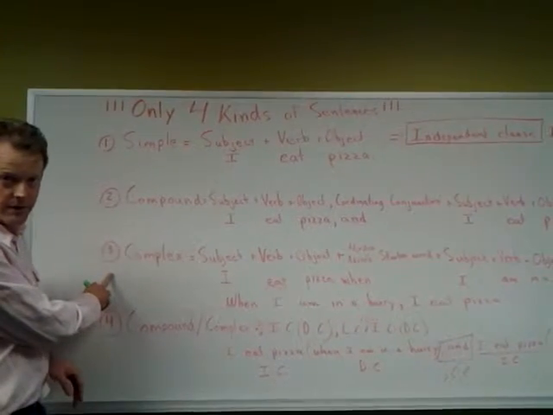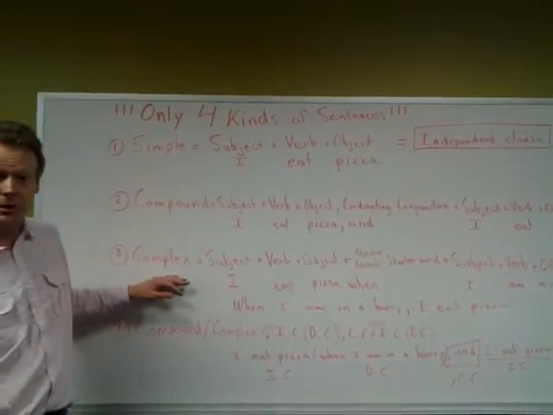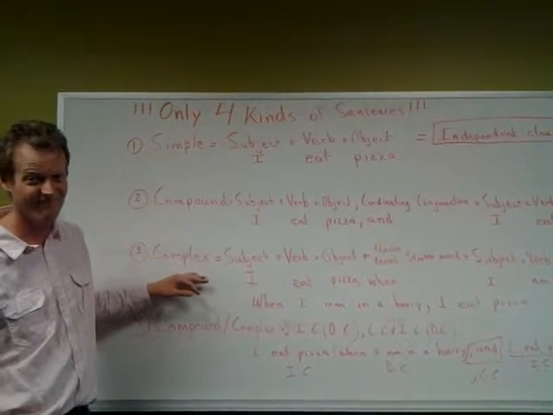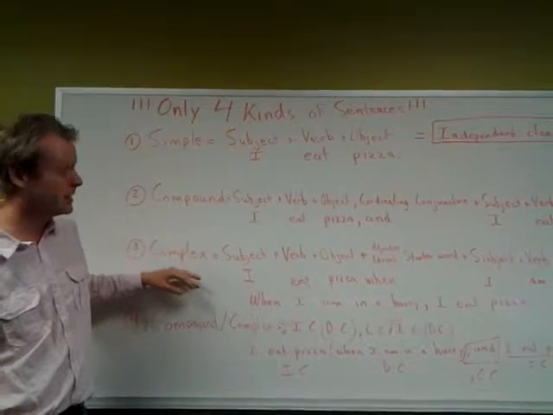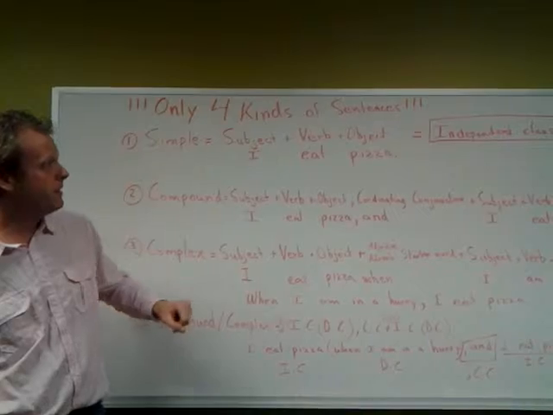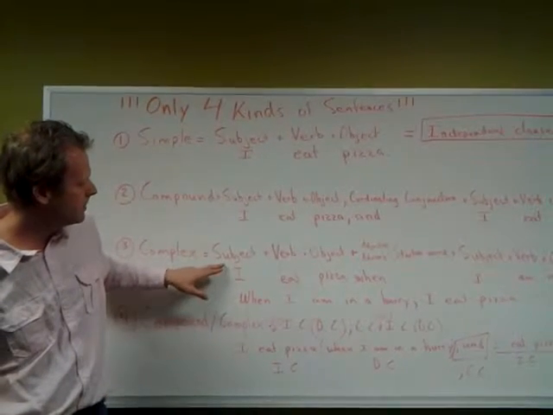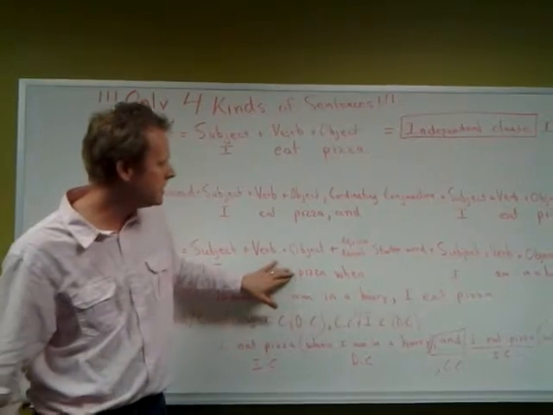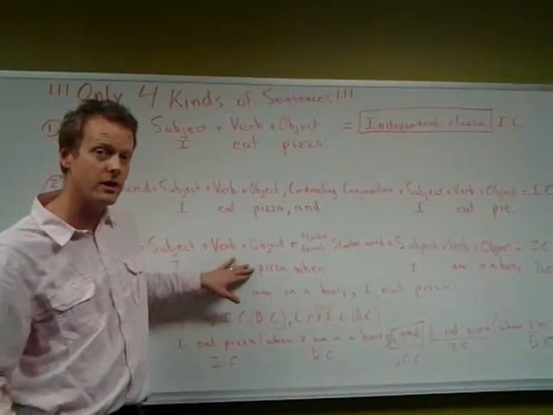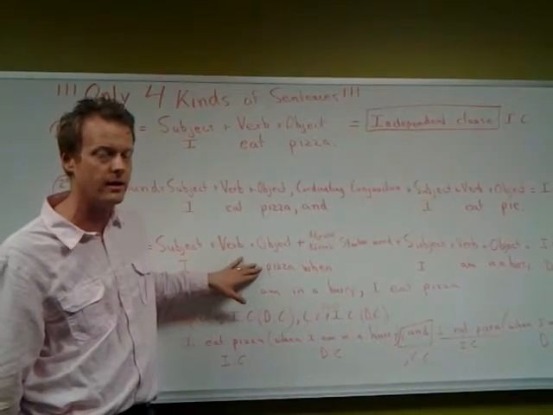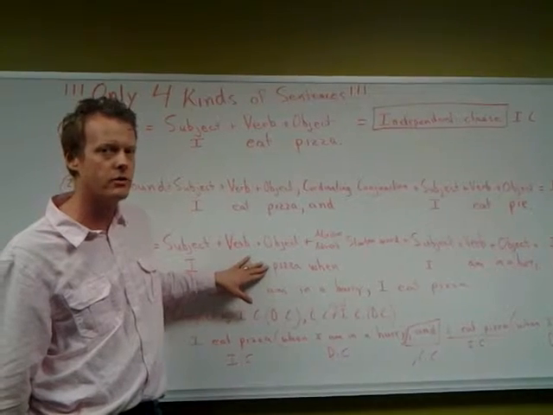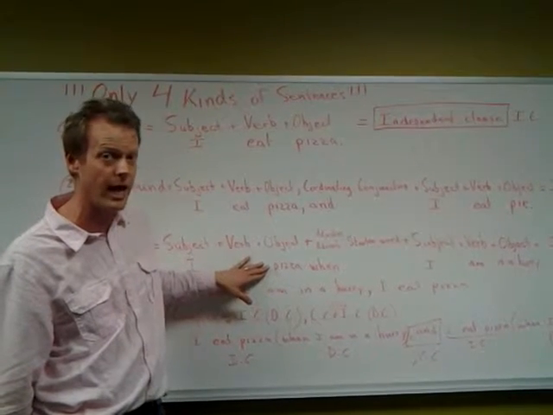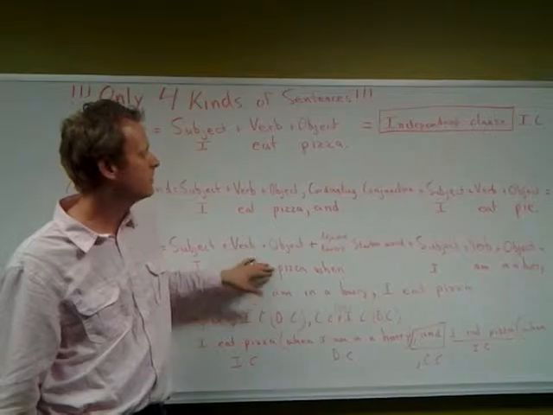The third kind of sentence is a complex. That means difficult. Complex sentence. You have an independent clause, so you have a subject, a verb, and object. I eat pizza, and then you connect a dependent clause to it. Dependent clauses are usually adjective clauses or adverb clauses.